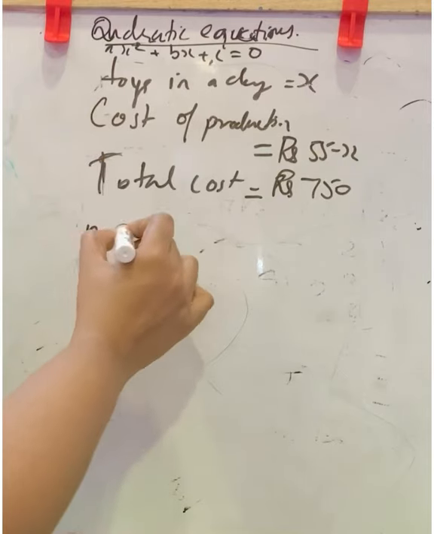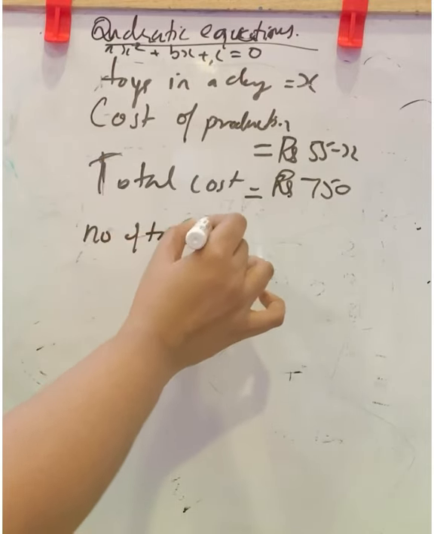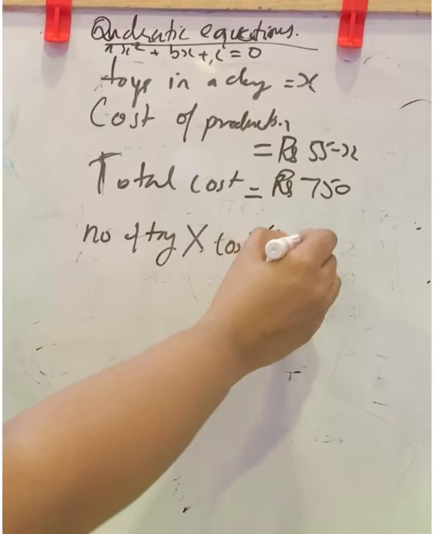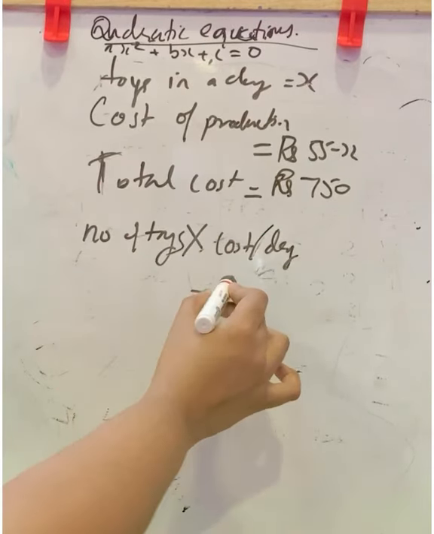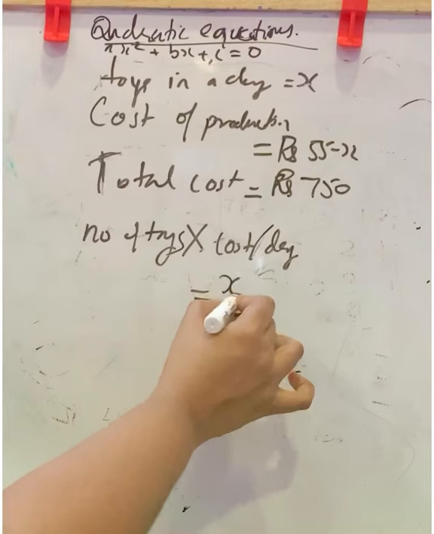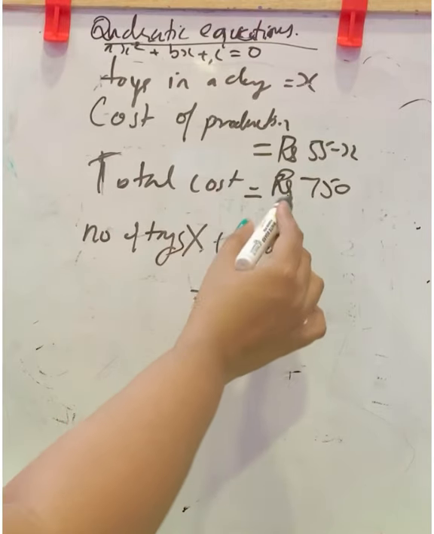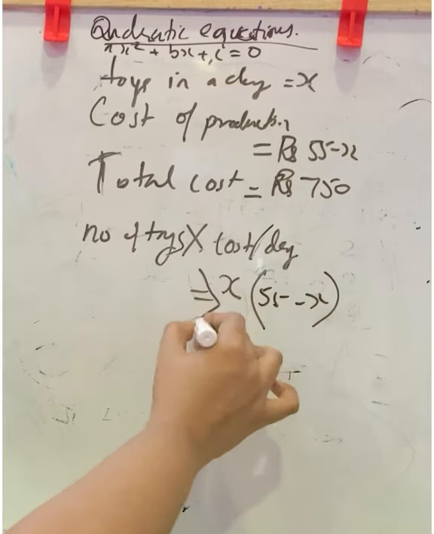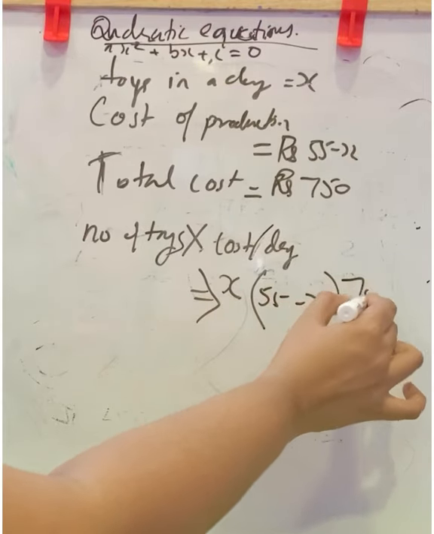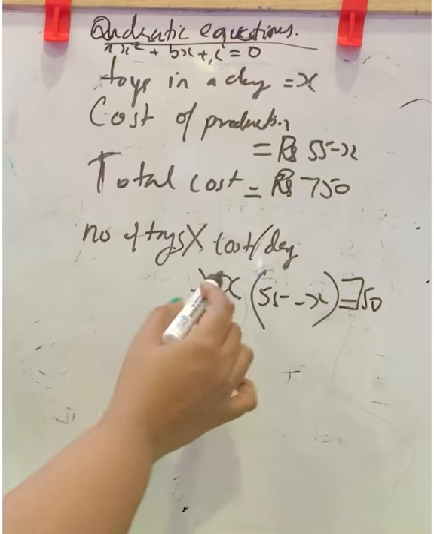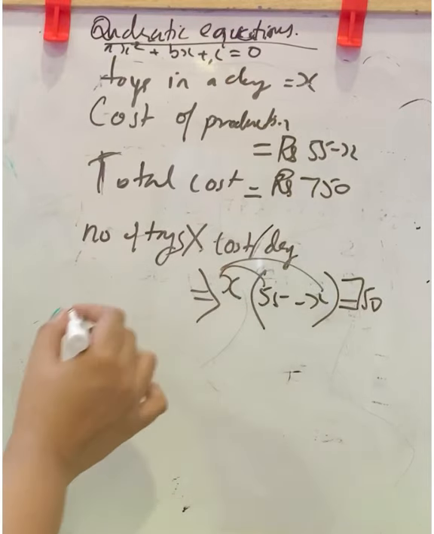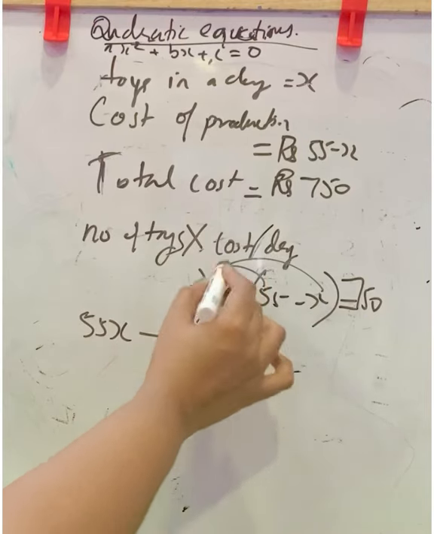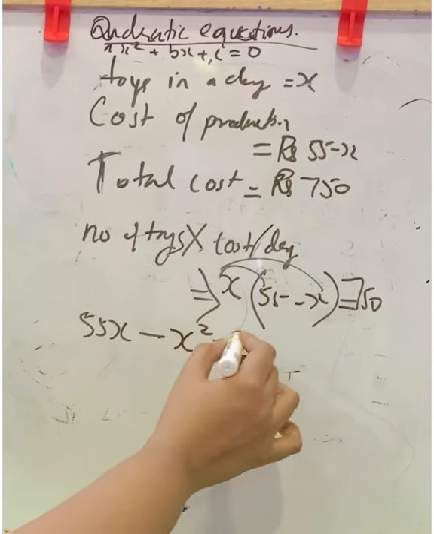Number of toys into cost per toy: x into 55 minus x, and it is equal to 750. So first we will distribute this: 55x minus x into x is x square, equal to 750.